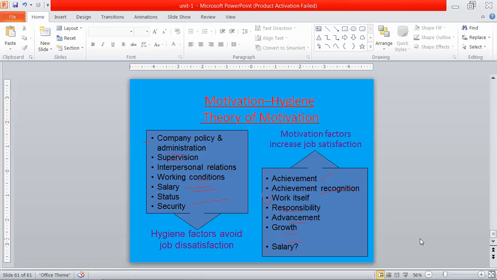Or take a simple example. If you are sitting in your class, coming to the college every day and sitting on one bench, and your surrounding is neat and clean, automatically you get some interest to sit in the class.